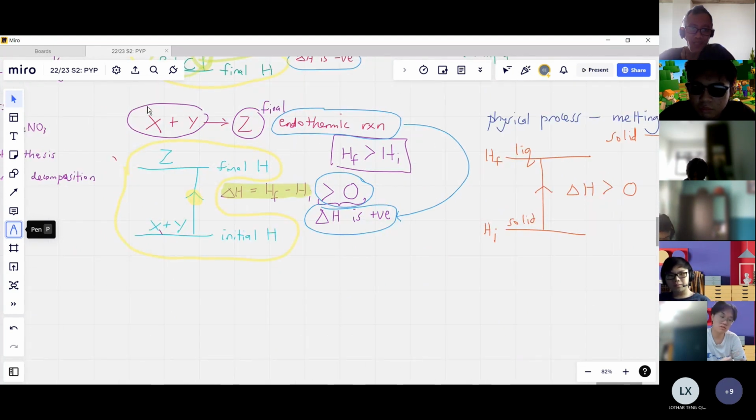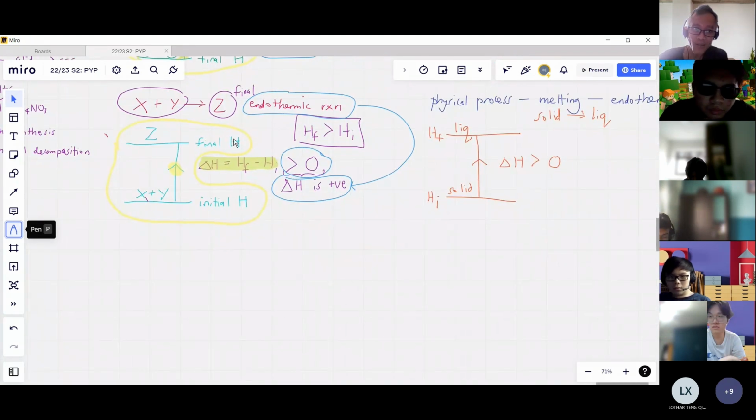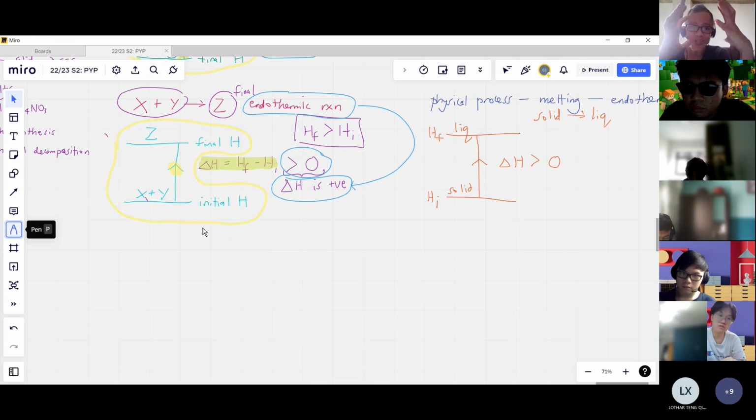Now they'll give you, same thing, a reaction, maybe something like this. X plus Y gives you Z. So how do you draw the energy diagram? Just now we drew the simple version. But as I said, the exam will expect you to draw the complicated version. So yeah, you have to know how to draw it. So let's go through step by step. That's my start.